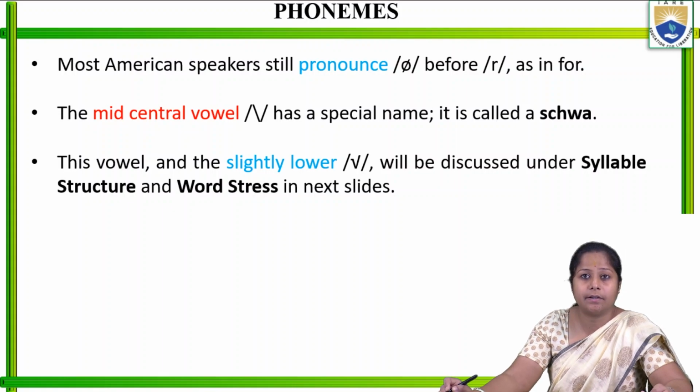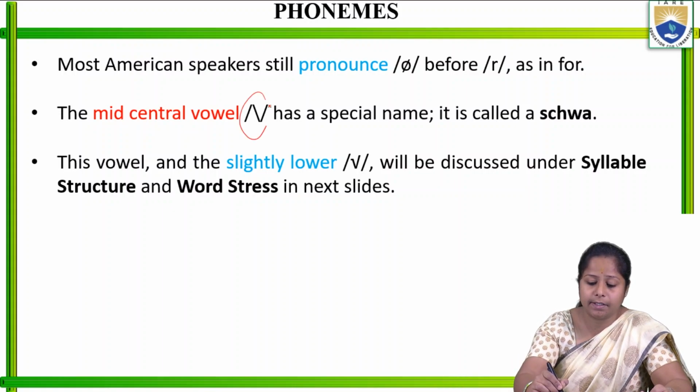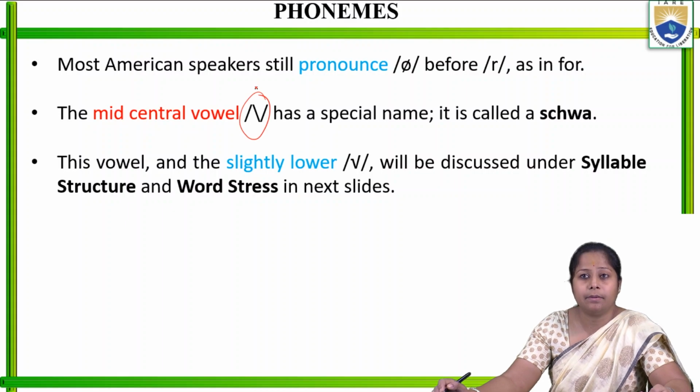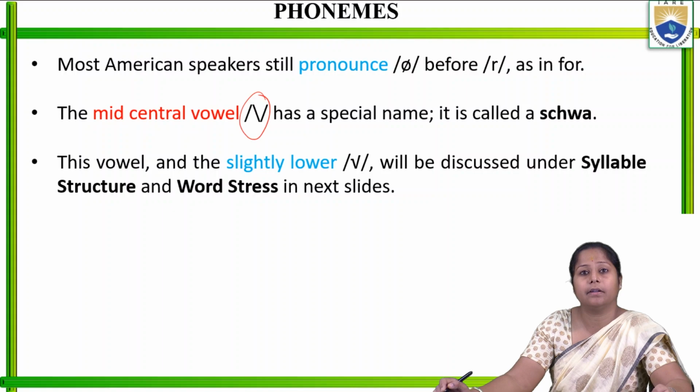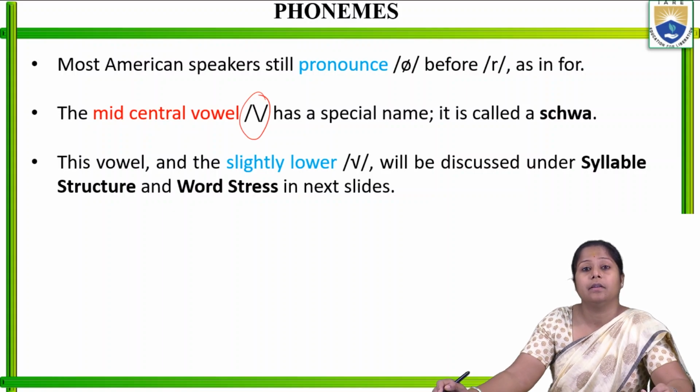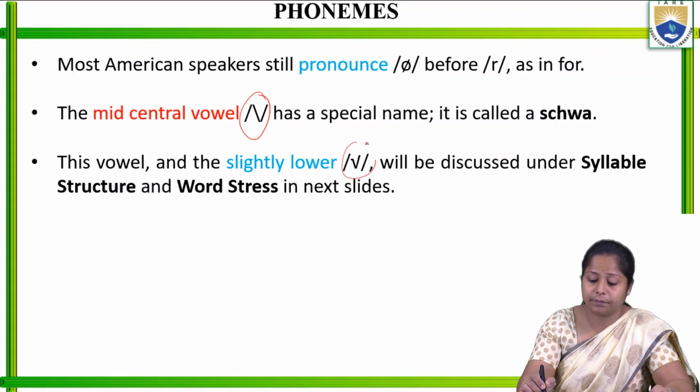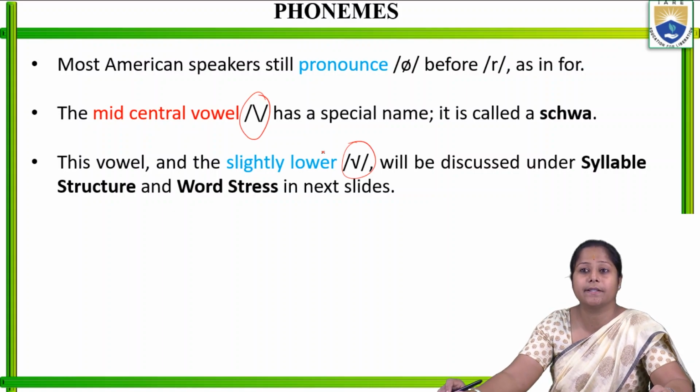Whenever the mid central vowel is written like this, it has a special name that is called schwa. So whenever a speaker needs to write a transcript, or make a sound like this, they need to use this special name. So this vowel and the slightly lower one are going to be discussed under syllable structure and word stress in the next slides.